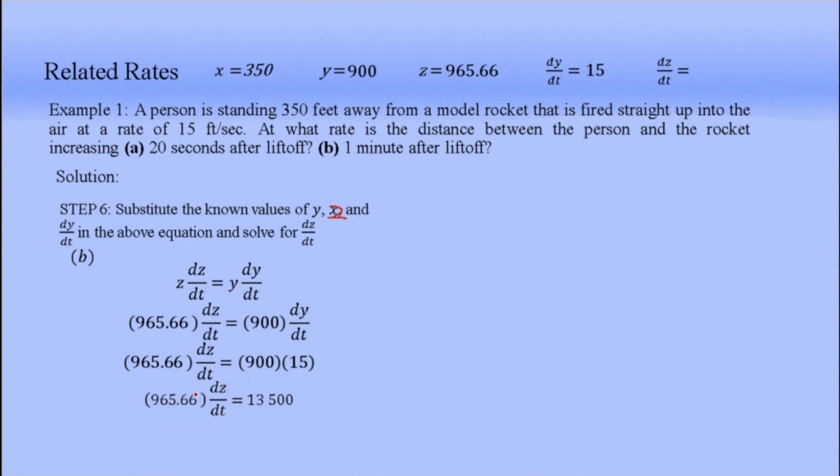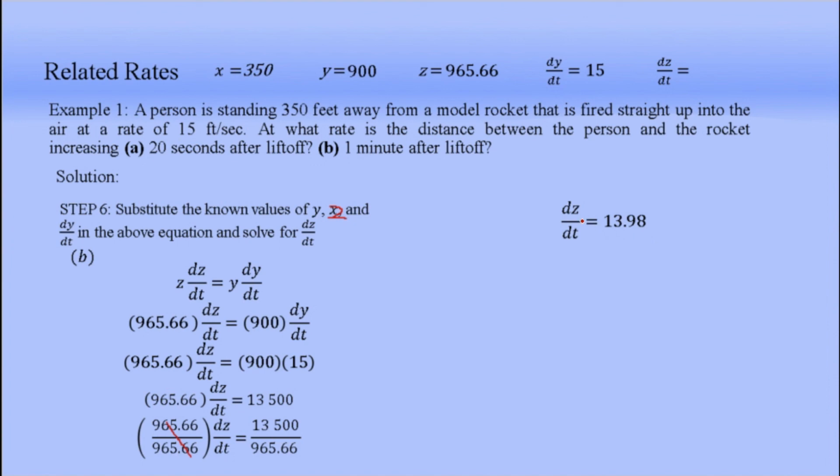So let's divide 965.66 on both sides. So we can cancel that, and then divide 13,500 by 965.66, and so the derivative of z with respect to time is approximately 13.98.